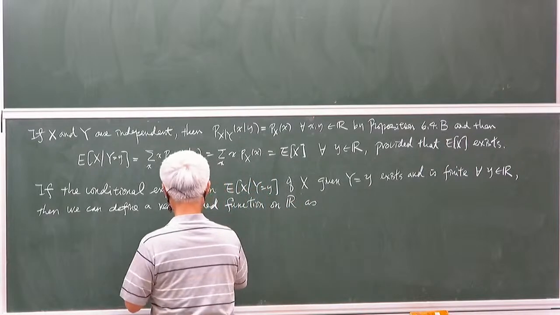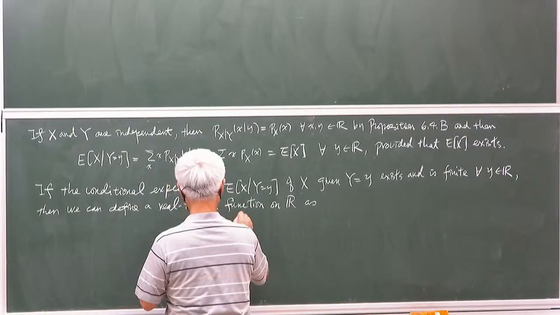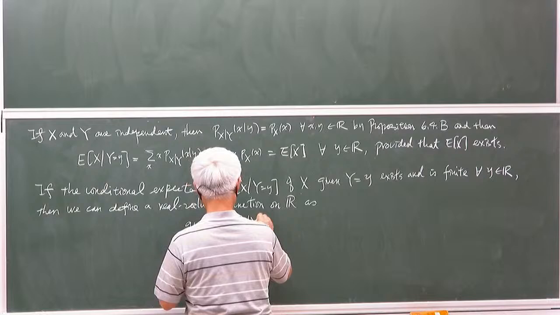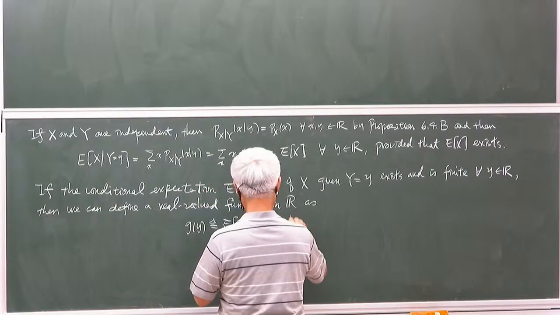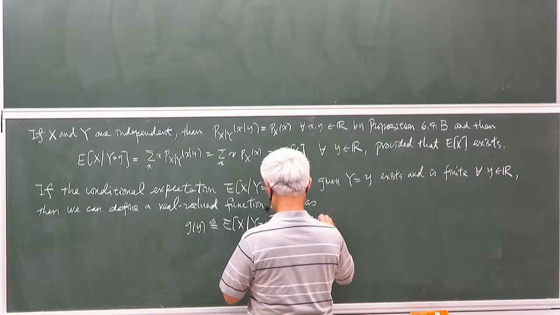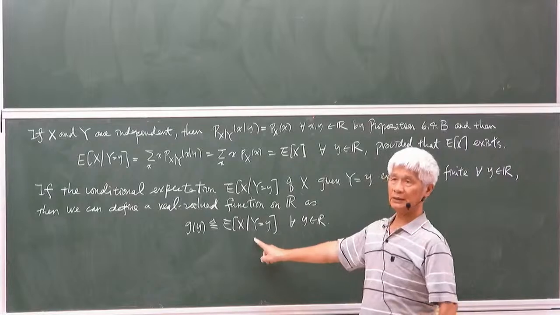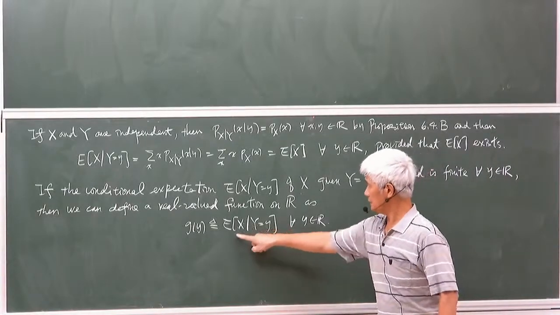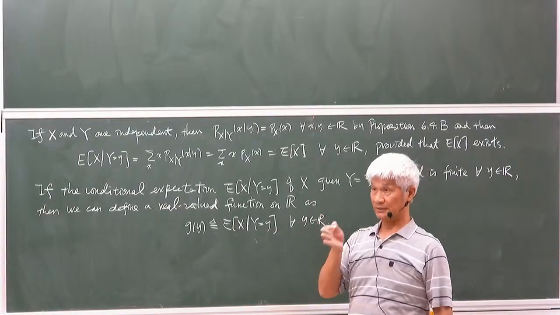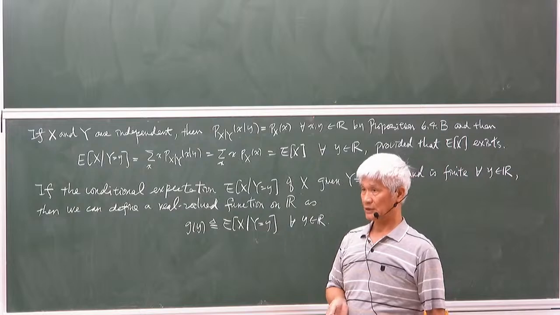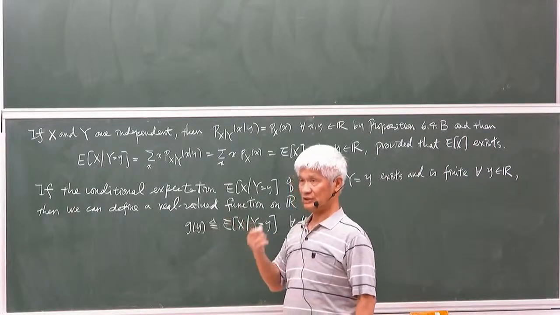We define g of y, because for each y this value exists and is finite. So we can use this to define a function g.